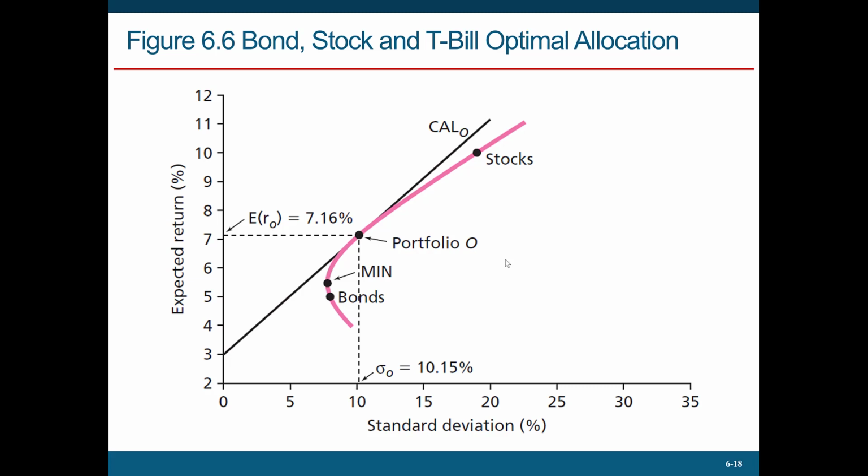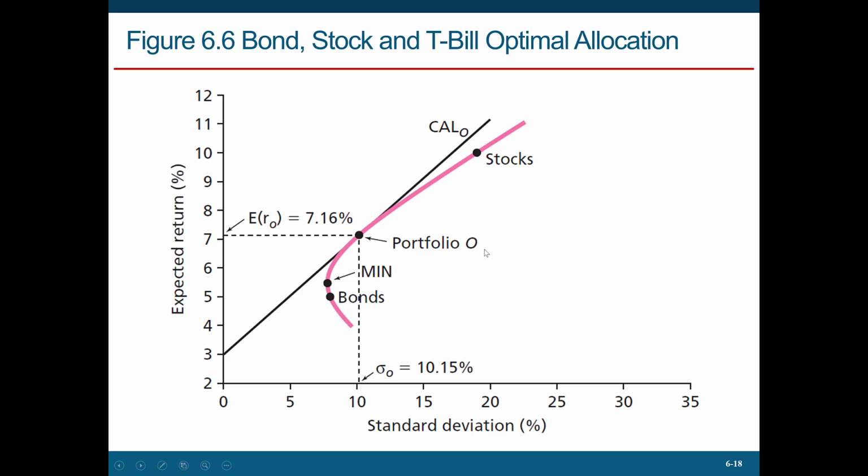Okay, so let's think about this a little bit before we conclude. If everybody holds the same portfolio of risky assets, right? So my portfolio of risky assets is O, your portfolio is O, all other investors in the market have the exact same portfolio O, then what should be that portfolio?